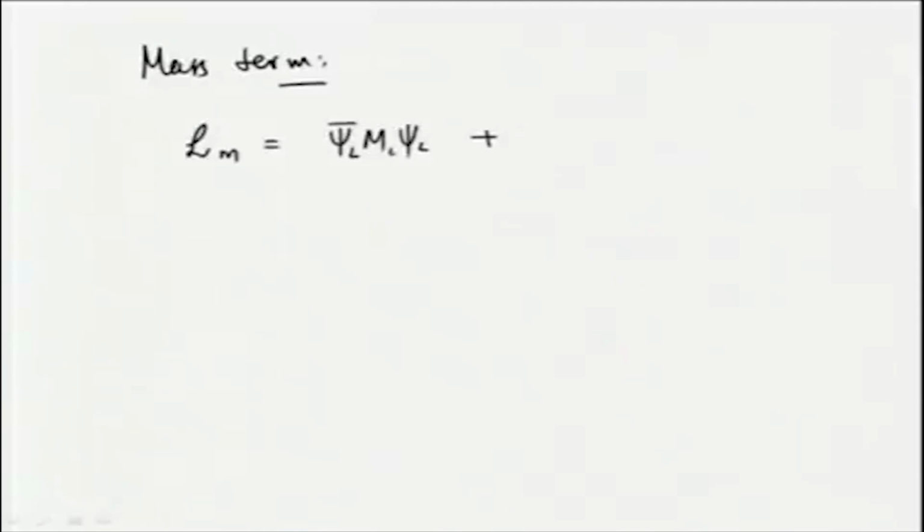Let me call this M_L, and psi R bar M_R psi R. M are some coefficients, it could be a matrix, it could not be a matrix. In the first it could be a 2 by 2 matrix, in the second it cannot be a matrix, there is only one term. Plus you can also have, if you want, psi L bar M psi R and the Hermitian conjugate of this thing.